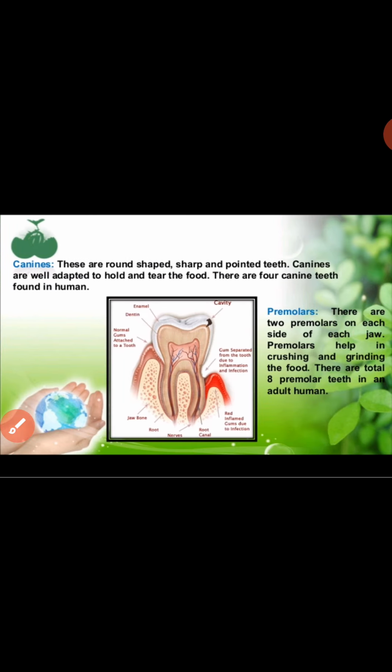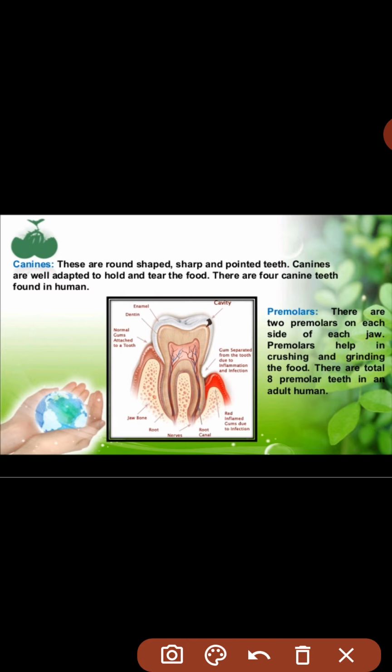The next is canines. They are round shaped, sharp and pointed teeth. Canines are well adapted to hold and tear the food.